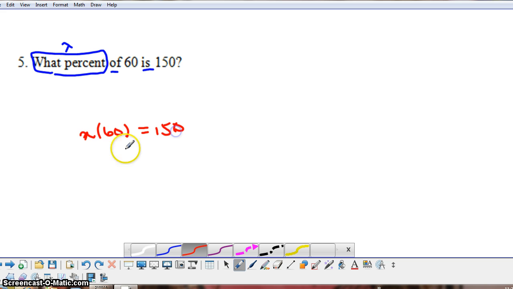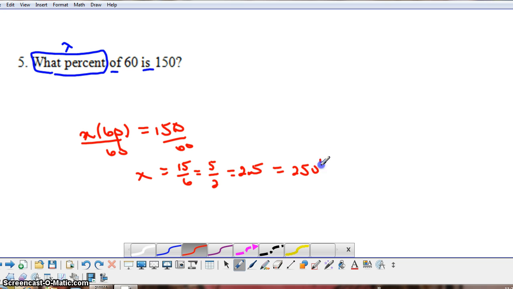And to solve this equation, I'm going to divide both sides by 60. So I get x equals 150 over 60, or I could say 15 over 6. Or if I wanted to reduce that even further, I could say 5 halves, or I could say 2.5, and as a percent, that's 250%.